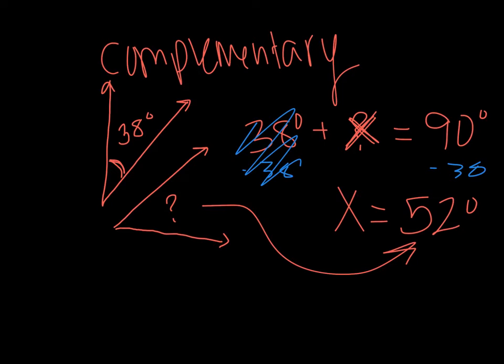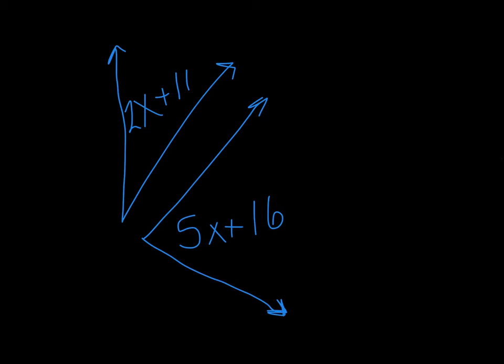Okay, let's take it up a little bit more. Now we got variables everywhere, but we're going to use the same definition that we had before. So this time we have 2x plus 11 and 5x plus 16. But once again, we know if we add these two things together, so the 2x plus 11, so my first angle, plus 5x plus 16, I know that's going to equal 90 degrees.